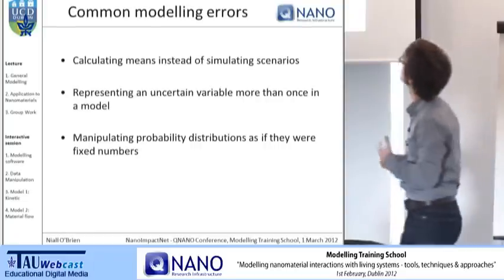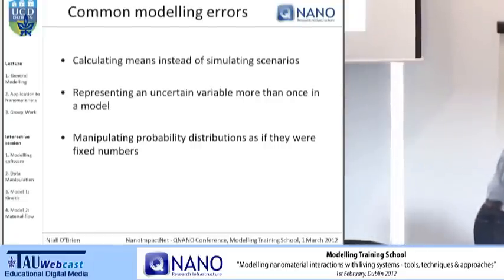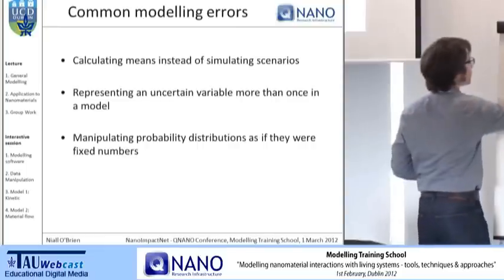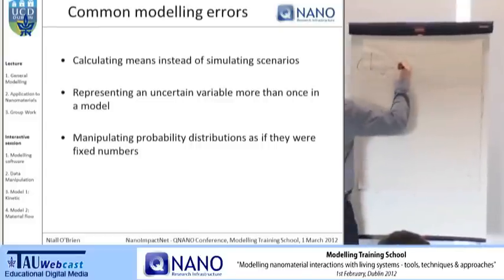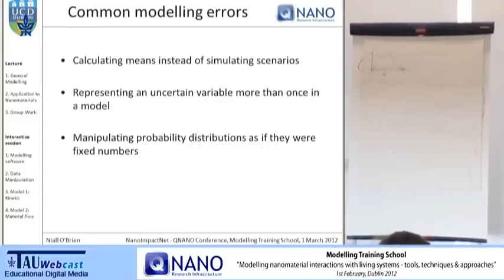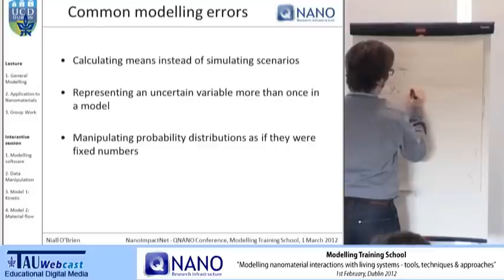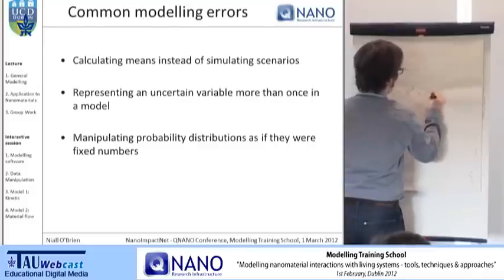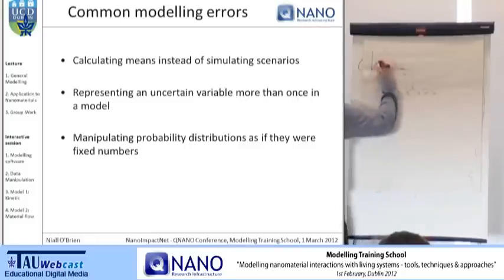representing an uncertain variable more than once in a model. So, if we have x and 0, 1, and this is what we know about it. It varies naturally. And we have a simple equation. So when I say each iteration, so iteration 1, we sample, we take a value.